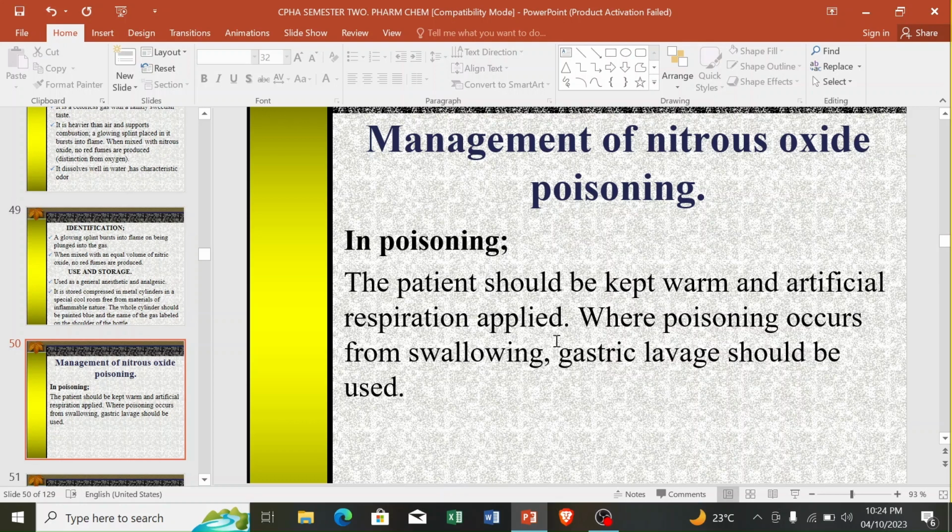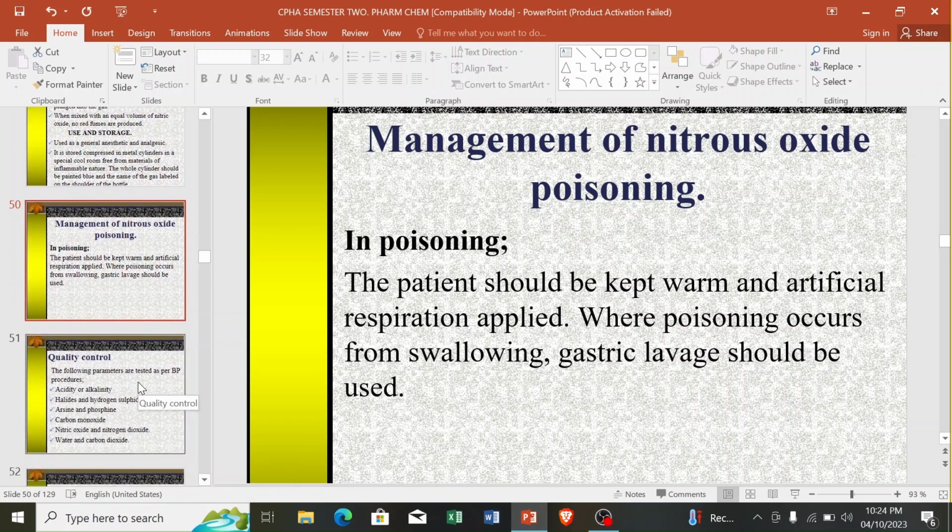So if it is not a result of swallowing, if a patient did not swallow it, then we need to keep the patient warm and artificially respirated. But if it is a result of swallowing, if the patient ate it, there will be need for gastric lavage to be given to the patient.